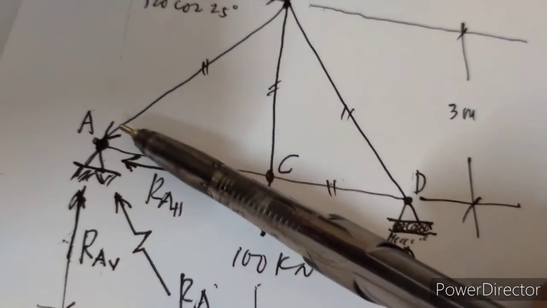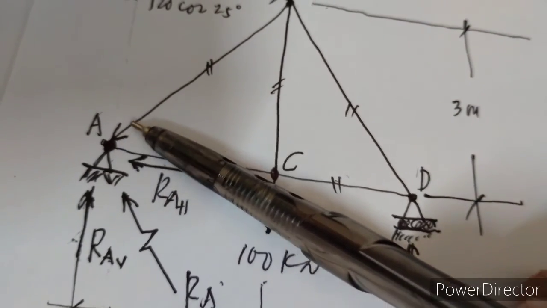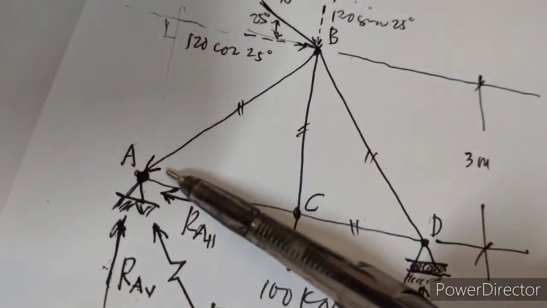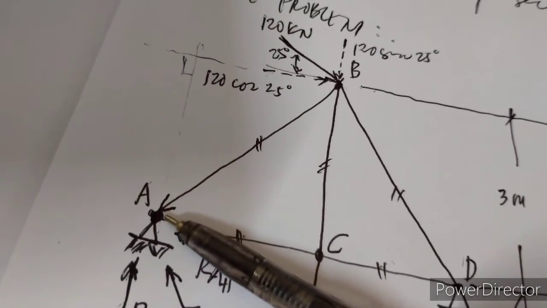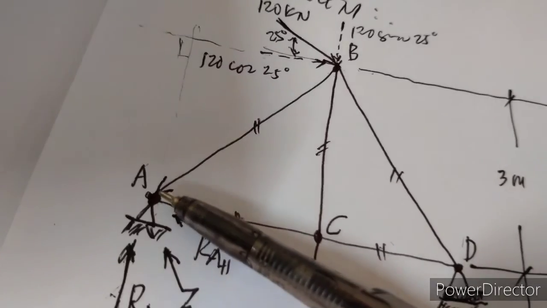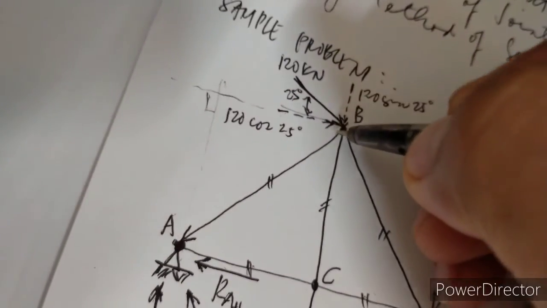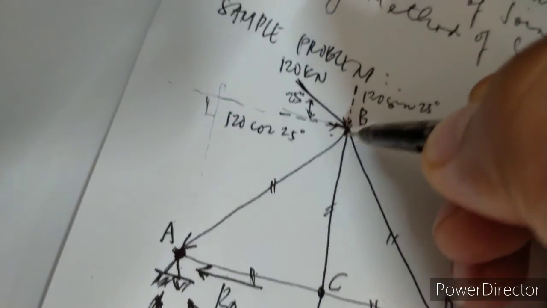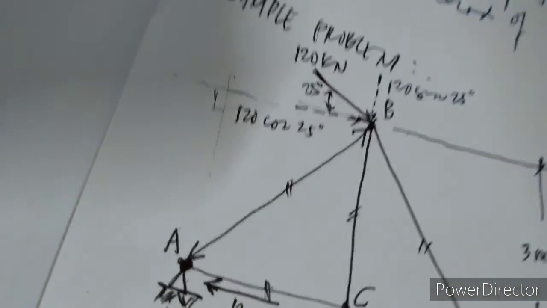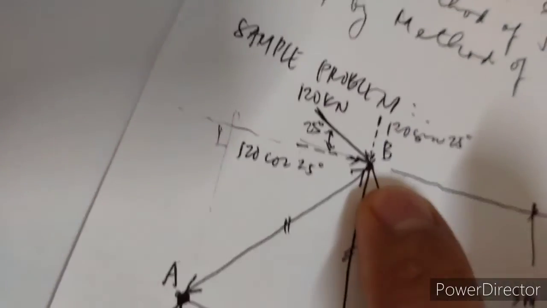Just like what we have done at member AB, we have assumed that this will be in compression. So if this is in compression, then later on, if you are going to analyze joint B, that should also be compression going to the joint.